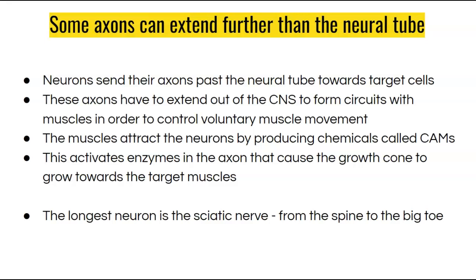Now, the longest neuron is the sciatic nerve, and that is all the way from your spine to your big toe. It is a huge nerve. That is very, very long, and it goes through your groin area all the way down. You may have felt sciatic nerve pain before. It feels like you can't lift your leg up because it has a stinging pain.